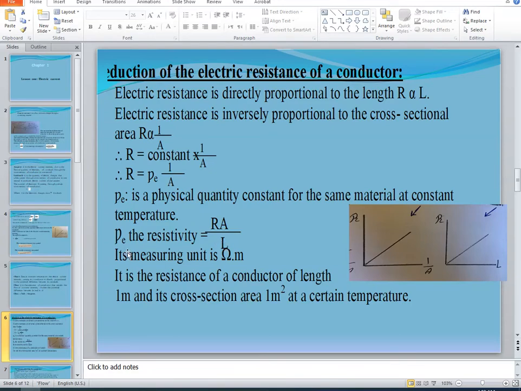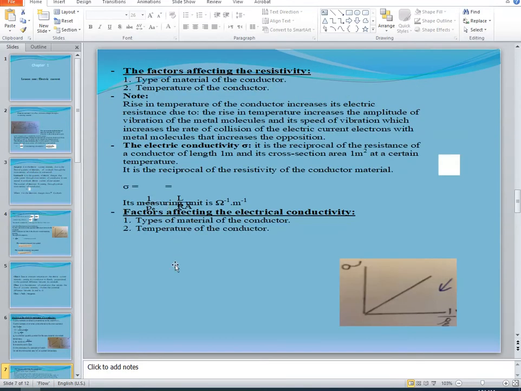It's the definition of the resistivity. Here, as you see, R and 1 over A give a straight line that passes through the origin point. This is the resistivity.